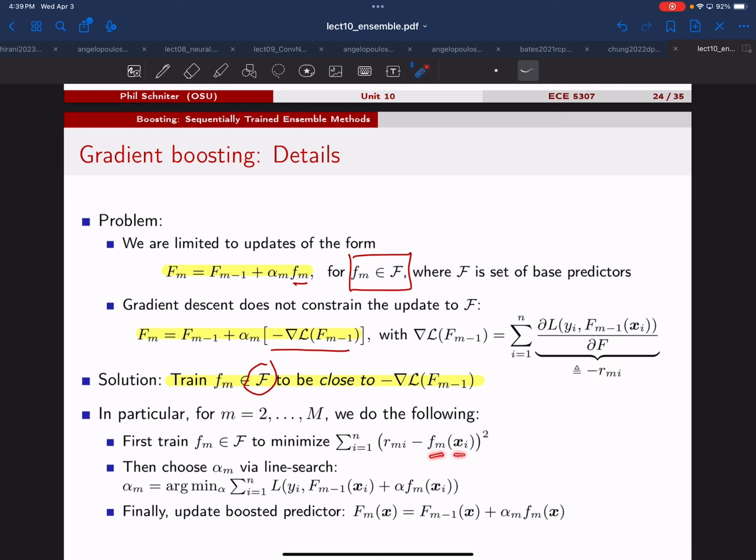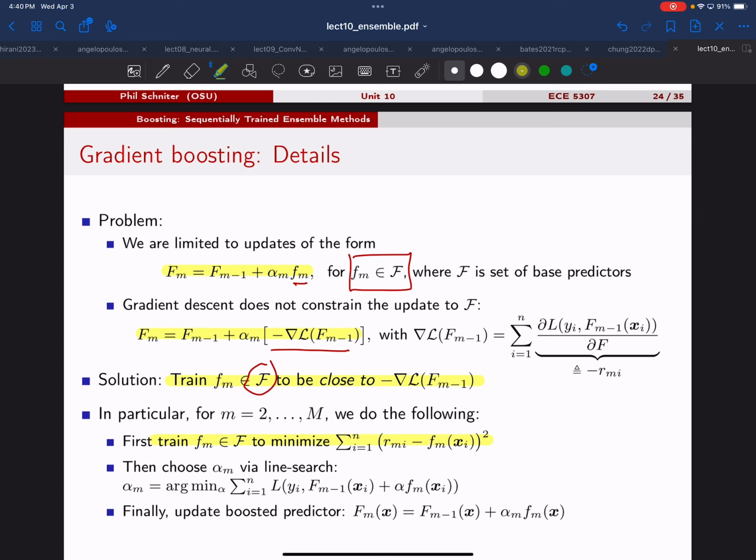FM, when you feed it XI, should be close to RMI, and we're going to assume a quadratic loss. That's how we're going to train it. Even though we might be doing classification, we're training F like a regression algorithm.